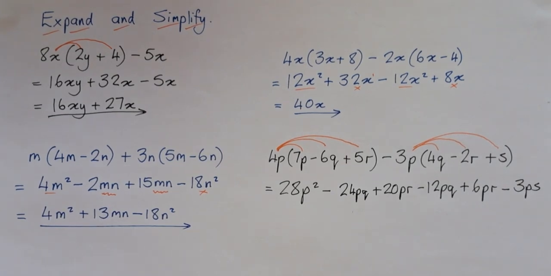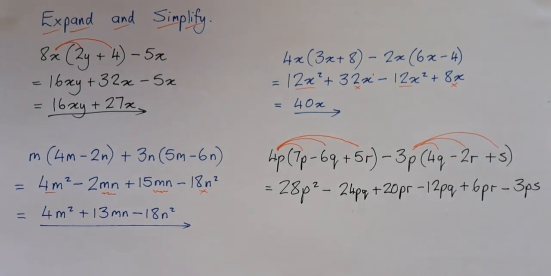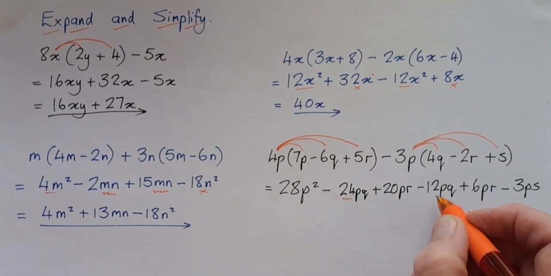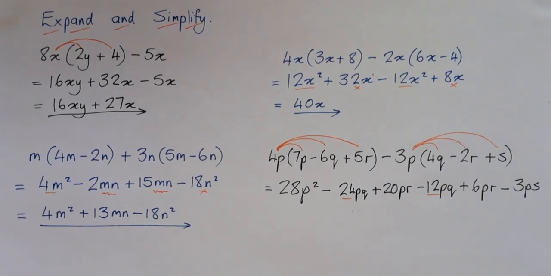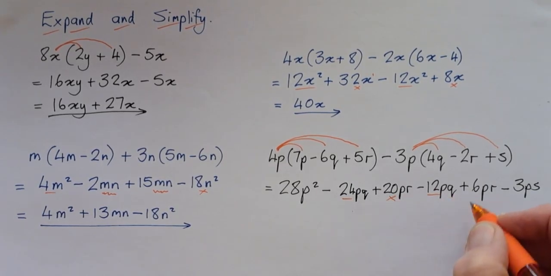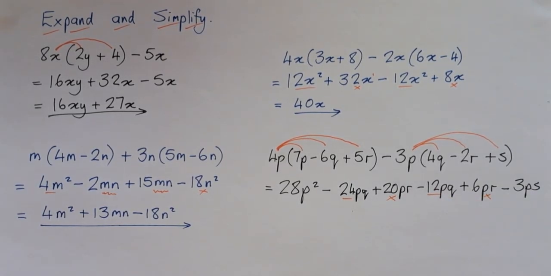Right, so this looks a little confusing because there are just so many letters and so many combinations. So I only have that p squared value, so that's not going to be added to anything else. Here is a pq term, and I have another pq term. So those two need to be processed. I have a pr term and another pr term, and I don't have another ps term. So I'm simply going to move through those.